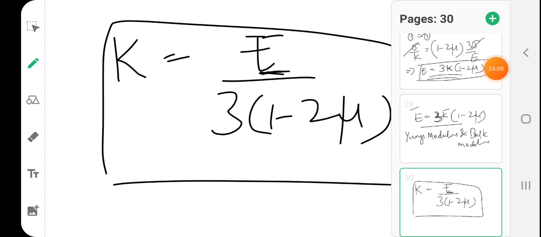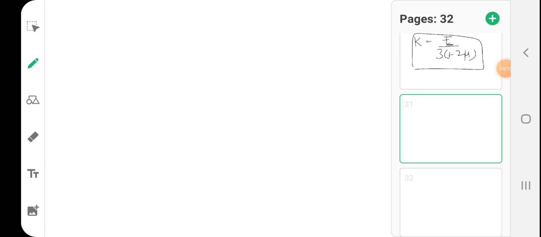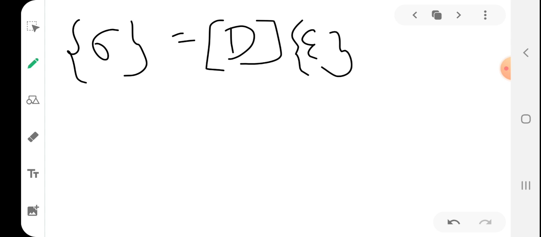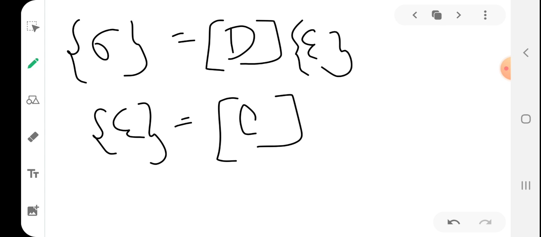Students, in the previous class I have shown you the constitutive relationship between sigma and epsilon. So this is the matrix called constitutive matrix or stiffness matrix. And similarly, in the reverse direction, epsilon is equal to compliance matrix or flexibility matrix into sigma matrix.